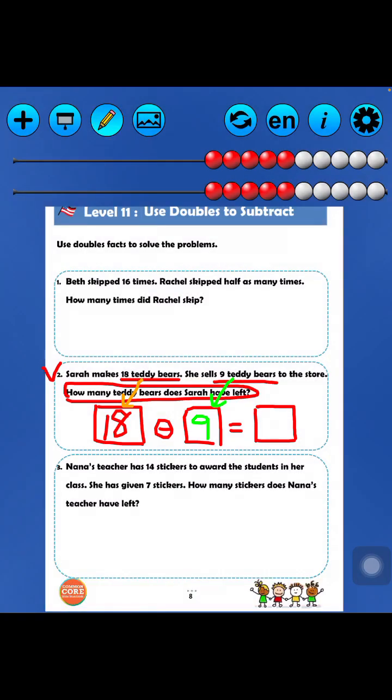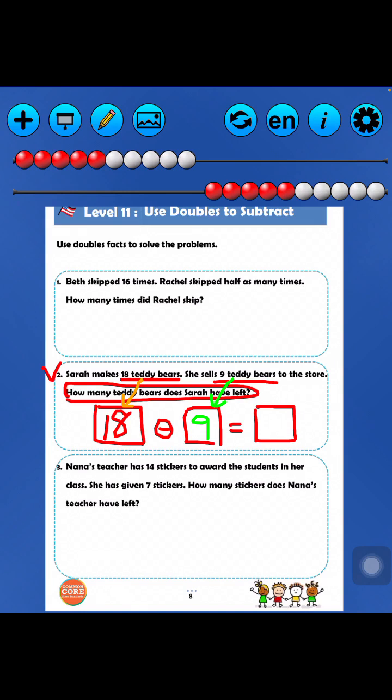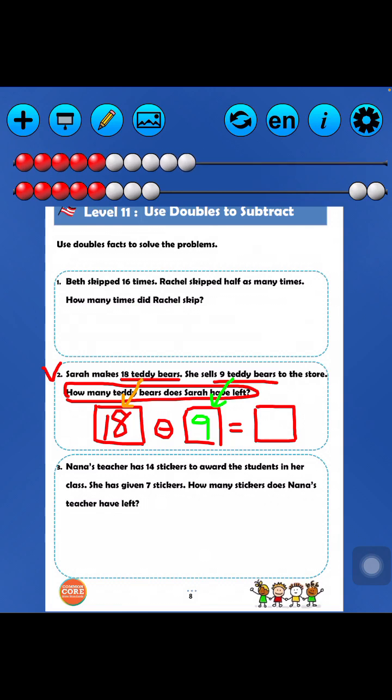We move 18 bits to the left hand side, 10 bits, and 1, 2, 3, 4, 5, 6, 7, 8. 18 bits. Okay, and then we first split the bits in the first row into half. That means we take away 5 bits. 1, 2, 3, 4, 5.